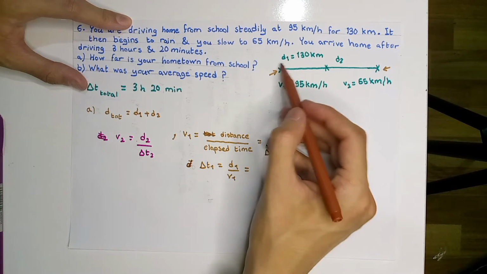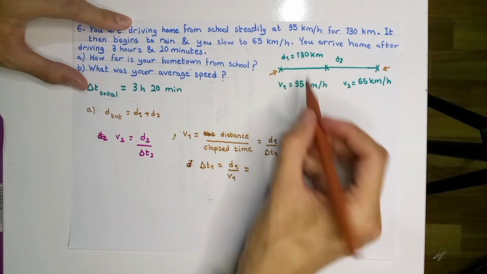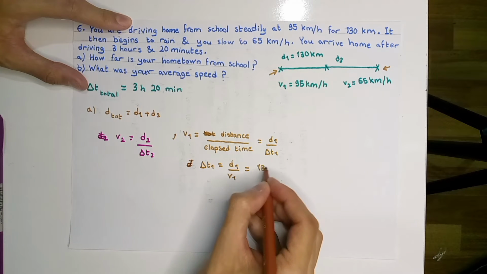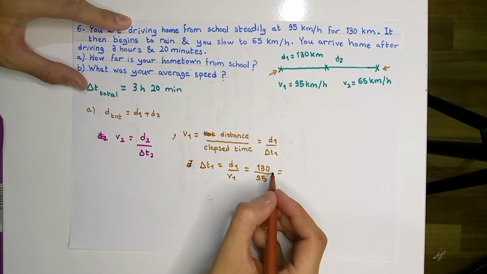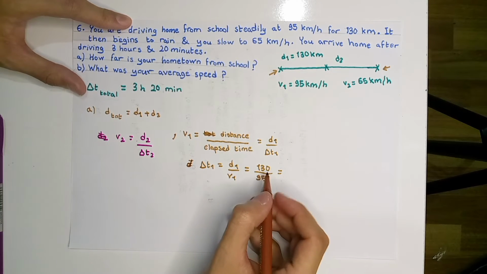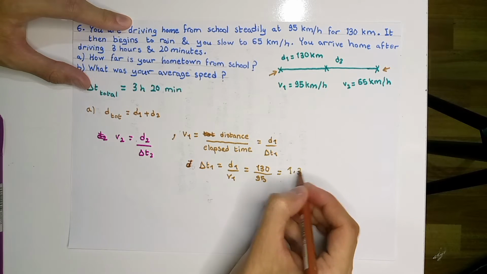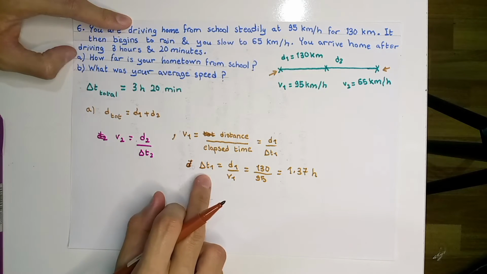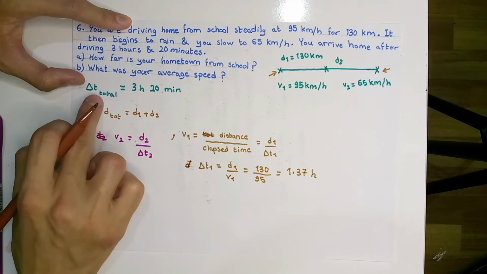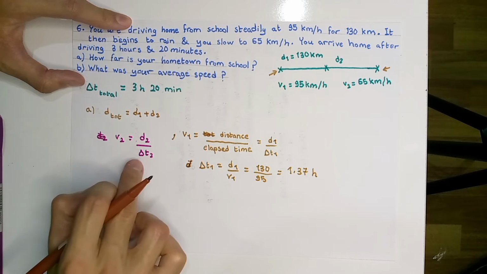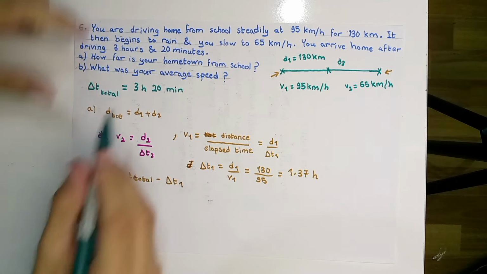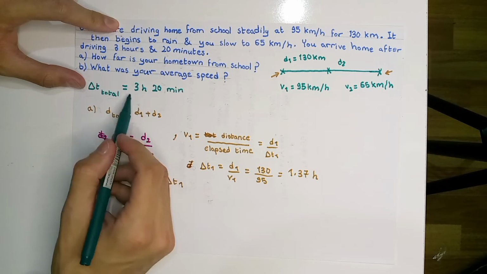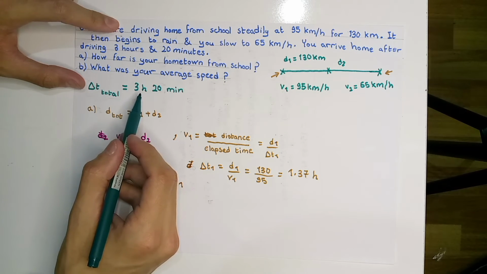D1, the distance needed to travel this part of track, is equal to 130. V1 is equal to 95. Divide using calculator, and the answer is, now by subtracting this from the total time, we can find this delta T2. Note that the total time is written using two units.